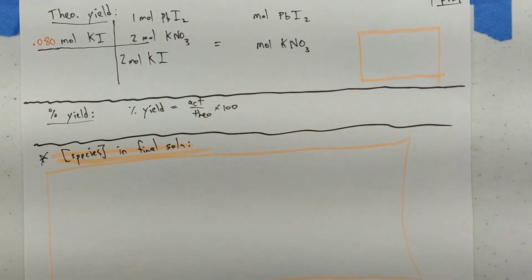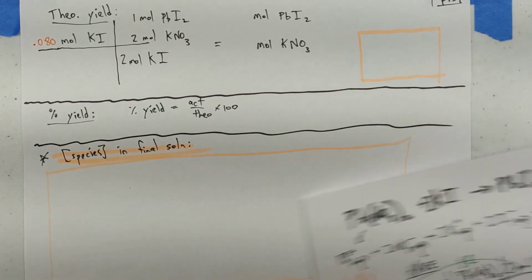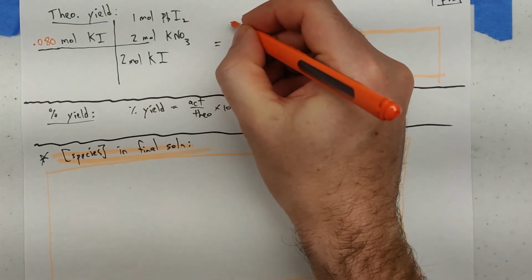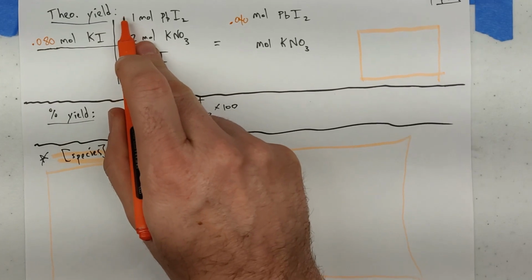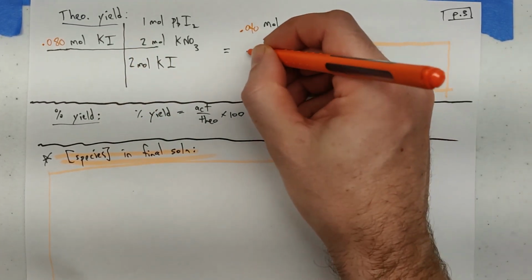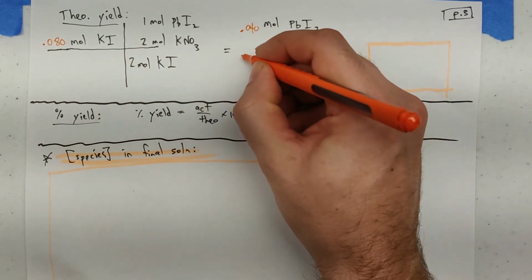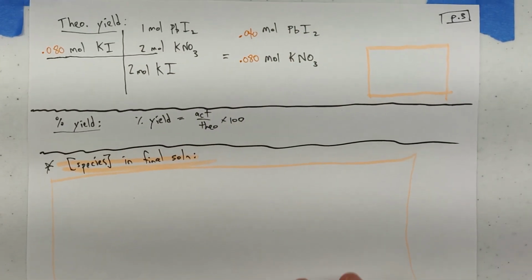I'm taking care of both of my products here, the lead iodide and the potassium nitrate. So we end up with 0.040, that's 0.08 times 1 divided by 2. And 0.08 times 2 divided by 2 is 0.080 moles of KNO3. Again, nothing new up to that point.